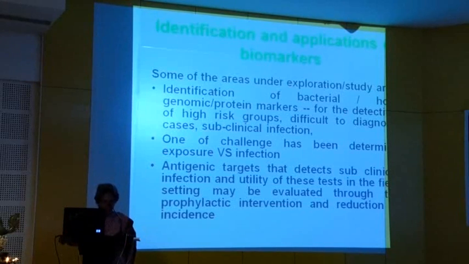Diagnosing subclinical infection would be of prime interest to all clinicians, all of us for that matter. One of the challenges has been to determine exposure versus infection. So how do you decide this is only an exposure and he will not develop disease? We know that 99% of individuals who get exposed do not get disease. Hardly less than 1% develop disease.